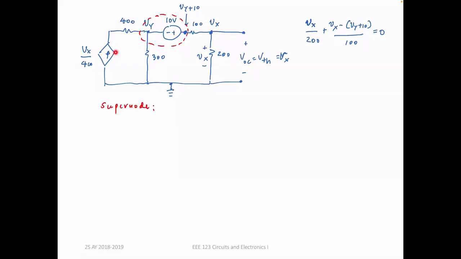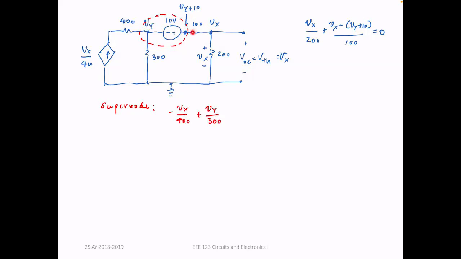Okay, so I have a current here entering. Ang current dyan na pumapasok, that's negative, so minus Vx over 400. I have a current here going down, so that's Vy over 300. Okay, remember this is Vy.